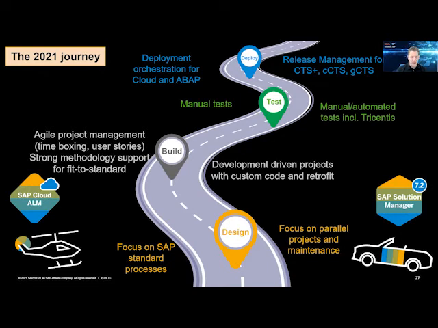I've had conversations even several years back with a customer at Sapphire. That was the last Sapphire that I went to, probably like most of you. That was in 2019, and he said, "Well, you know, Tim, I really like this approach that you're taking, and for us, for the kind of projects that we do, Cloud ALM is really a good solution." We were just talking about the content.